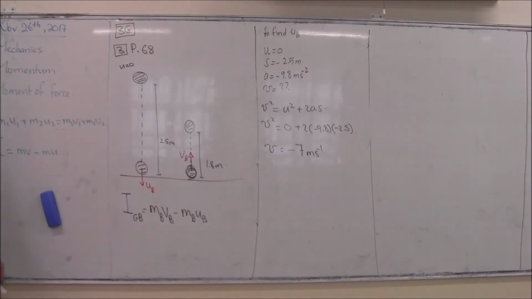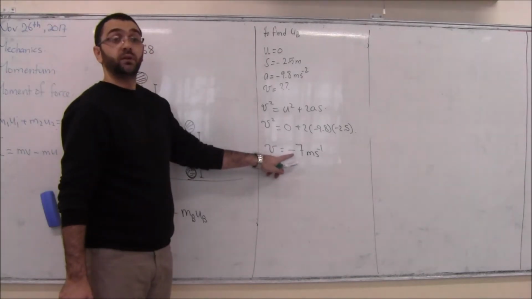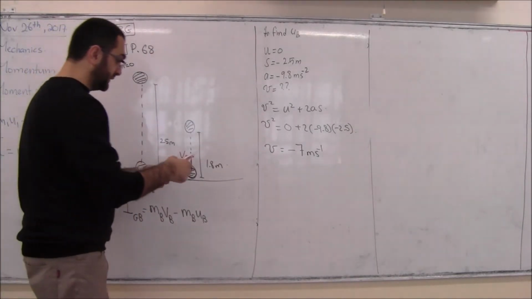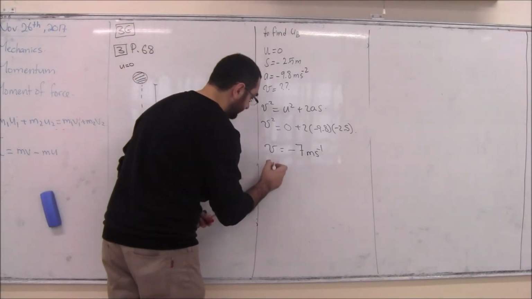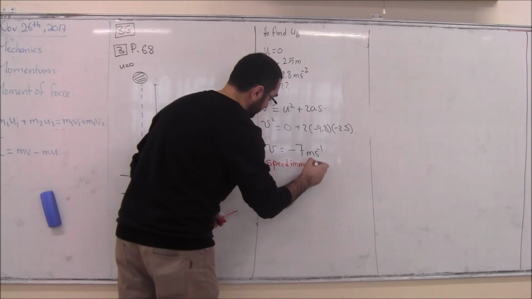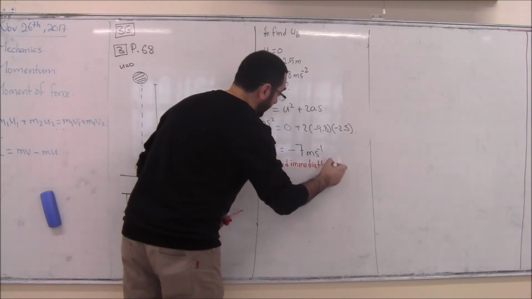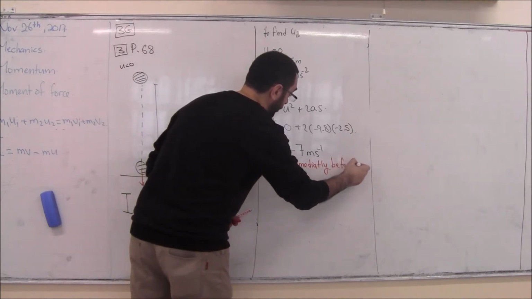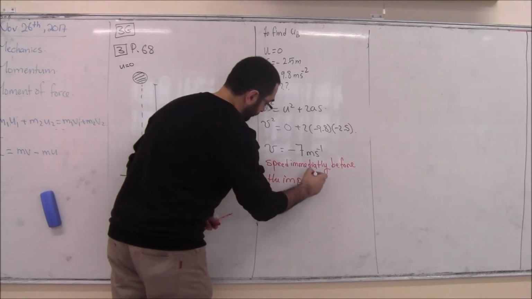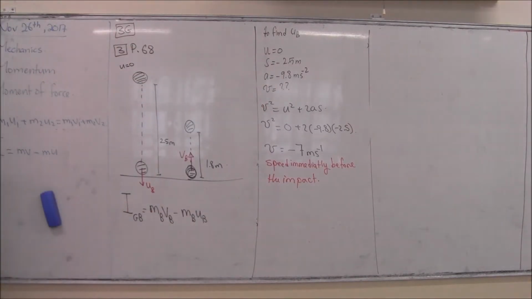It is written negative because it is downward. This is the speed immediately before the impact. Clear? Any question about this?